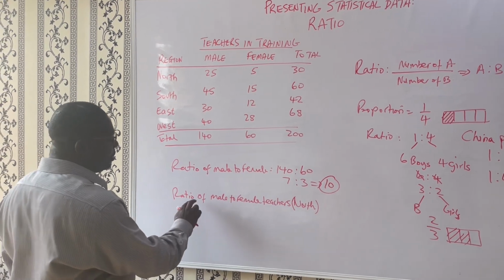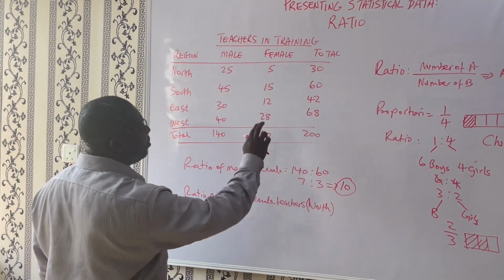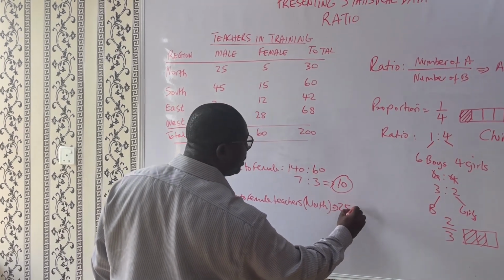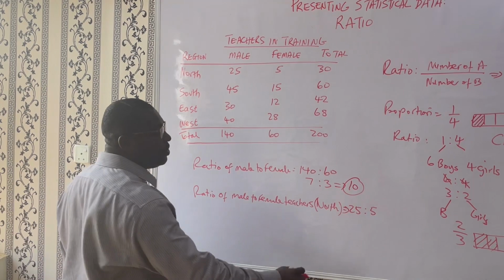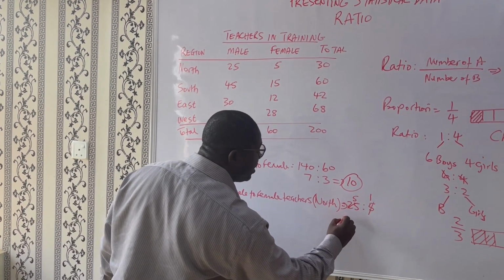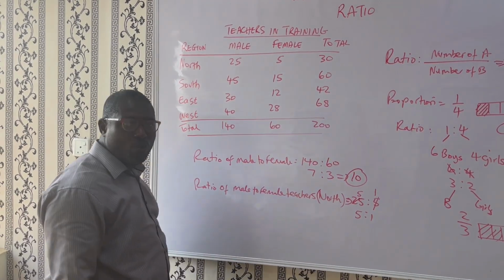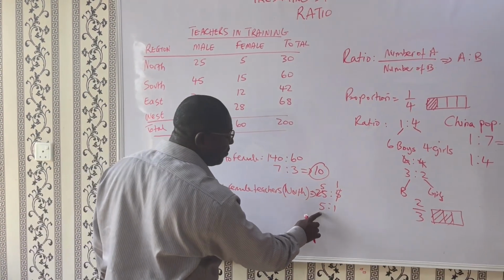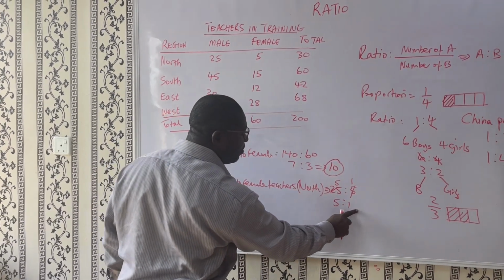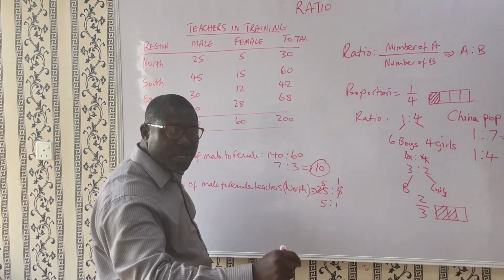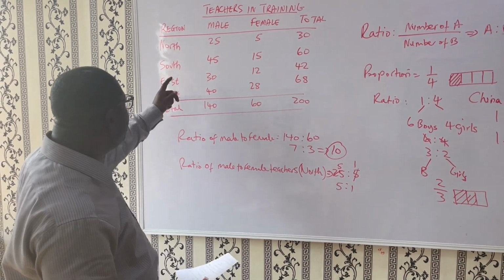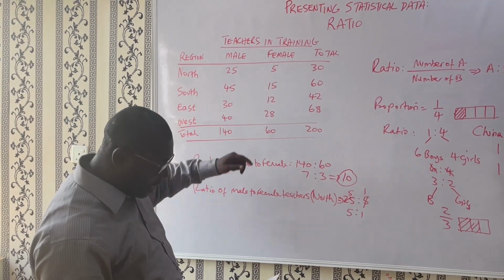Ratio of male to female teachers from the north. Male teachers are 25 and the female teachers are 5. We can reduce further, and it gives 5:1. What this means is that for every 6 of them, 5 are male and 1 is female. That is the explanation here concerning ratio between male and female.